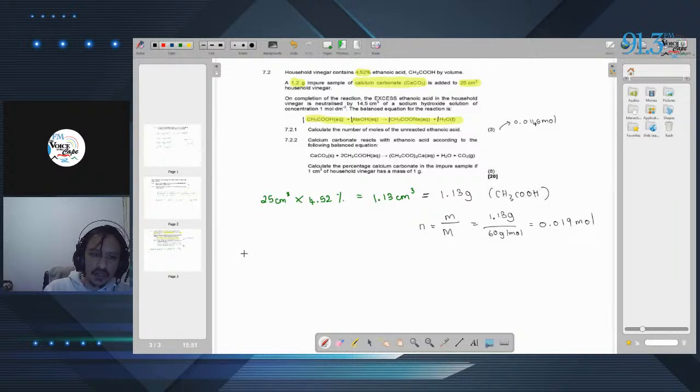So now I can go, well, I'll just say n reacted with CaCO3 is equal to our n total minus our n that reacted with NaOH. Right?